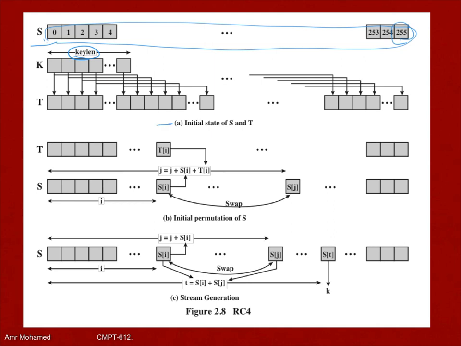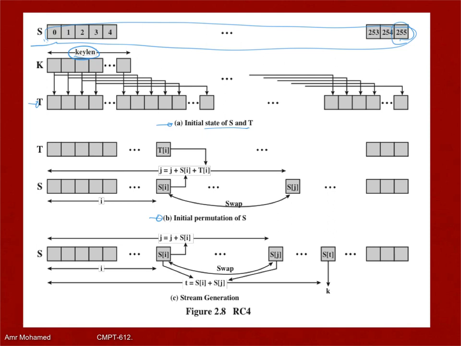The first step and the second step are done using a for loop from 0 to 255, so the loop itself is done 256 times. For the initial state here, we create the T vector, and this T vector is of length 256, the same size as the S vector.